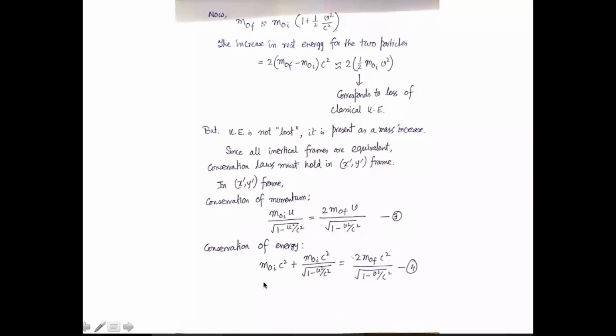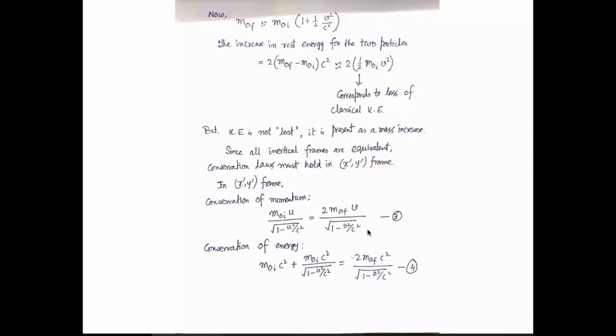And conservation of energy: before, the one who was not moving had only rest mass energy, m naught I c square. And for the other, the energy is mc square, which is written in terms of m naught I. Now, after the collision, the entire body is moving with 2 m naught f rest mass.